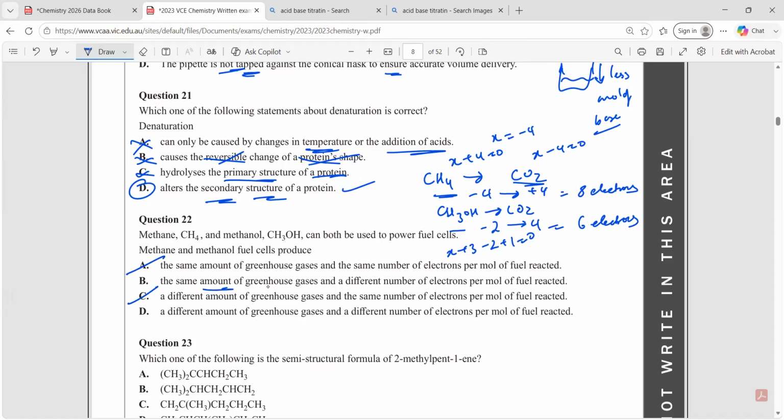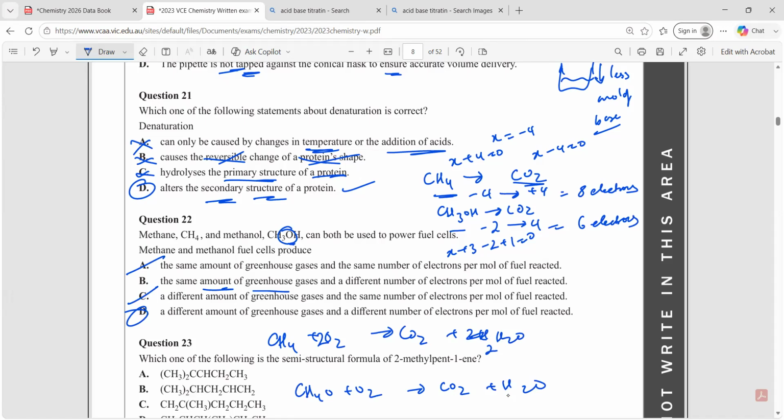And then the same amount of greenhouse gases. I don't think so, because there's an extra oxygen there. So it'd be a different amount each time, right? Wouldn't it be a different amount? That's the same amount. Let's quickly do it. So CH4 plus O2 gives CO2 plus 2H2O. CH4O plus O2 gives CO2 plus H2O.